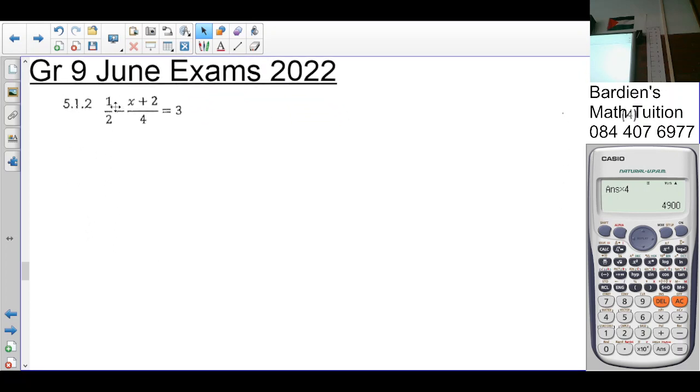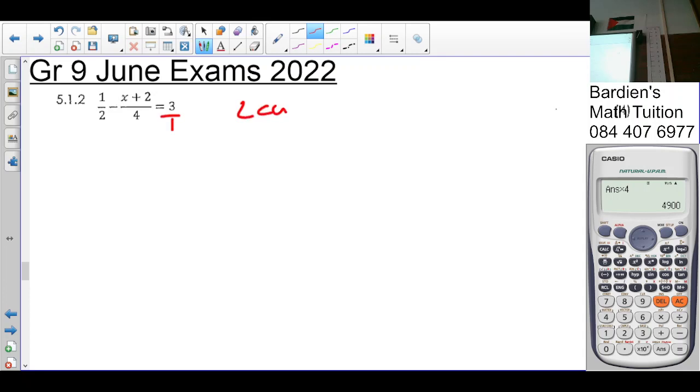Next, we have an LCM of 4. So your LCM, of course, is 4. So you multiply that by 2. 2 times 1. This 4 must be multiplied by what to get 4? 1. So it's 1 into x plus 2.